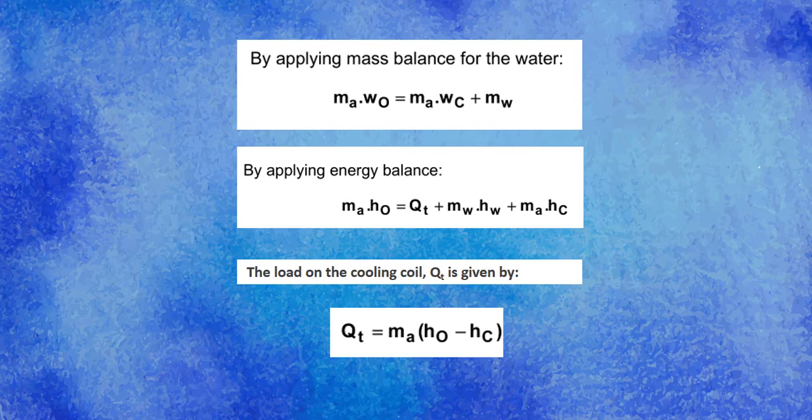Now, if we do an energy balance, it's still processed like this. However, we just change the enthalpies here, or rather the humidities, the two W's here, into enthalpy. So you still have the original mass of air times its enthalpy plus the load of the cooling coil, plus the energy content of the water that was condensed.